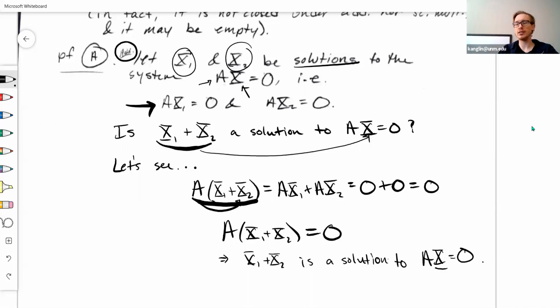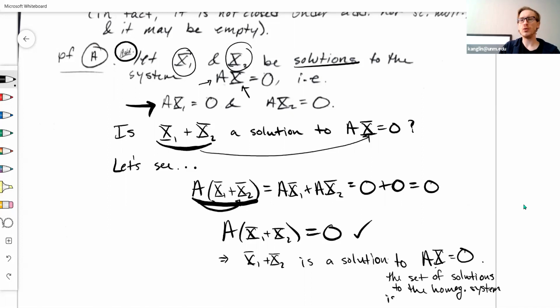Plugging it in for the x in this equation gives you a true equation, right? We already showed it's true. So this gives us closure under addition. The set of solutions to the homogeneous system is closed under addition.